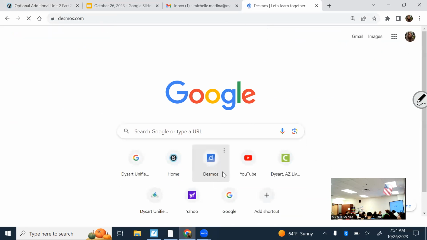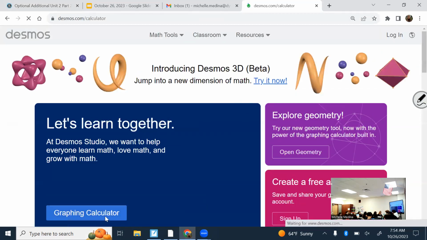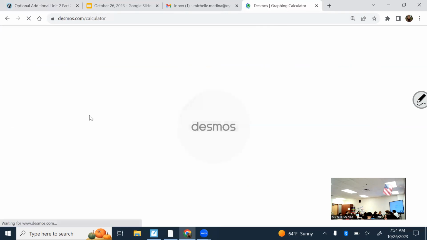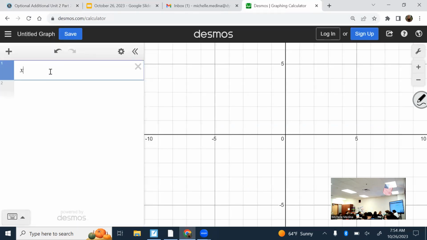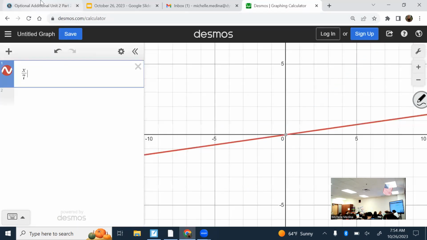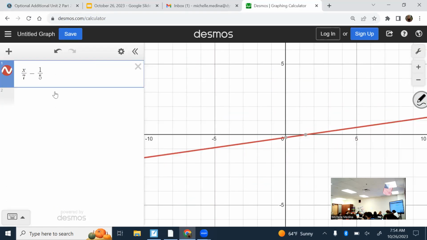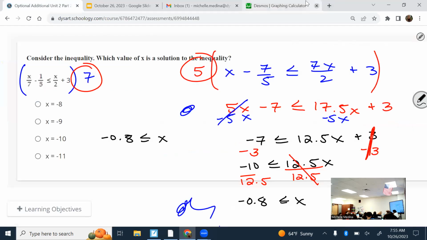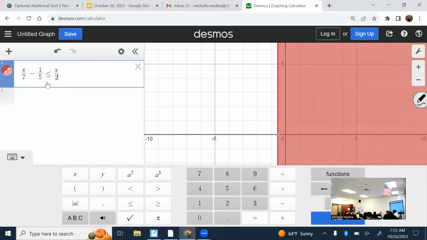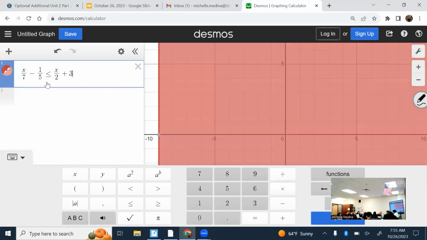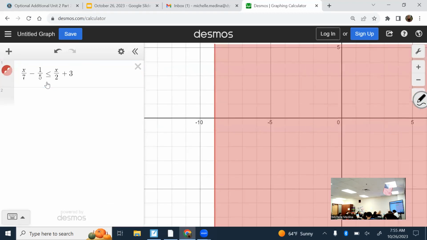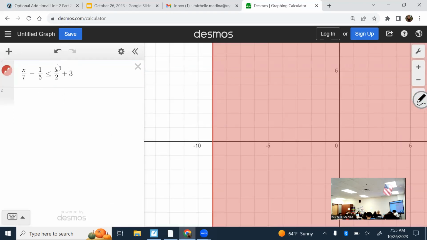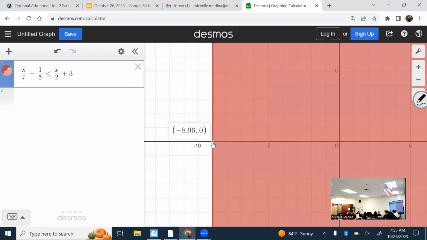Another way to check if you are doing it right: x over 7 minus 1/5 less than or equal to x over 2 plus 3. When it's a one variable inequality, you'll see something like this. The variable we're using is x, so look at the x-axis.